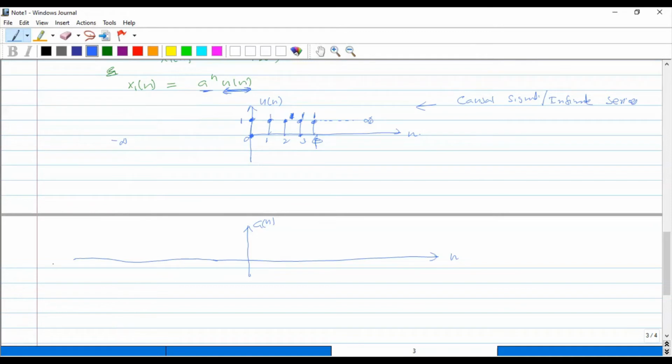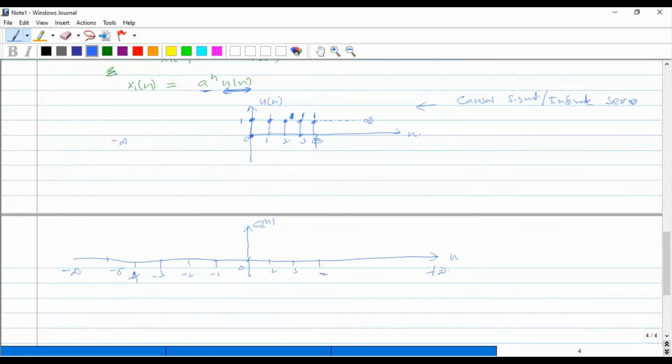So n can be from minus infinity to plus infinity: minus 5, minus 4, minus 3, minus 2, minus 1, and also 0, 1, 2, 3, 4.